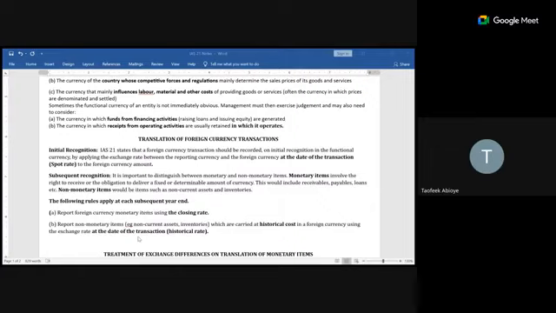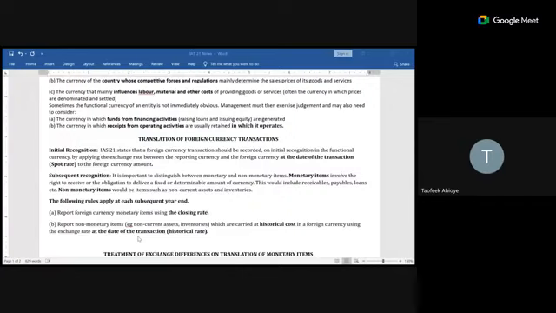For monetary assets, you can look at the examples: receivables, payables, loans. But non-monetary assets are your investment property, your PPEs, your inventories. So that is non-monetary assets. Now, going back to IAS 21, it says that at subsequent measurement, if the foreign currency item is a monetary asset, you are going to use the closing rate.